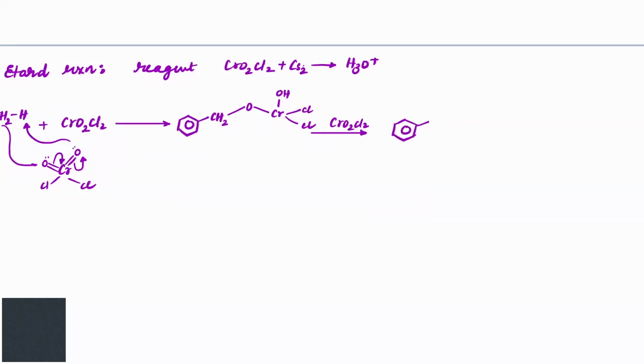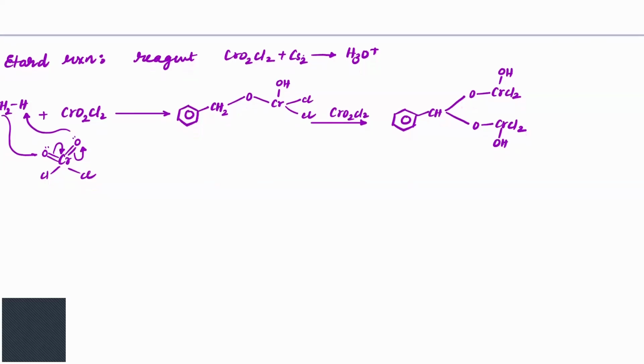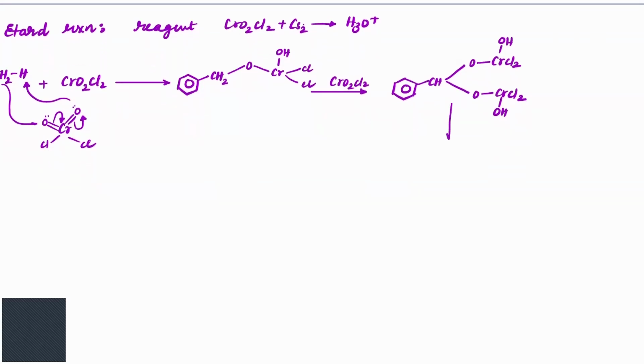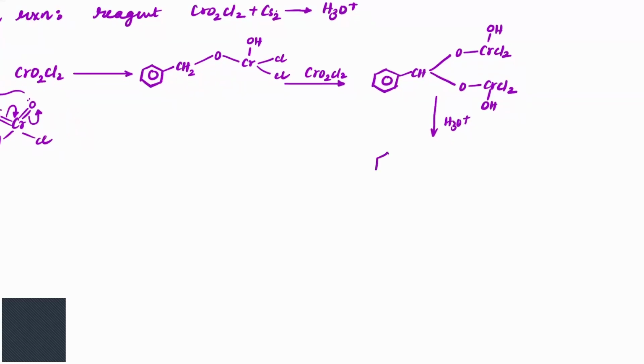So that is RCH, we will have O connection with Cr, Cl2 and OH, the same O, Cr, OH, Cl2 this way. And now when you perform hydrolysis with H3O plus, that would make this CH into CH with OH and OH, which will eventually convert into an aldehyde.